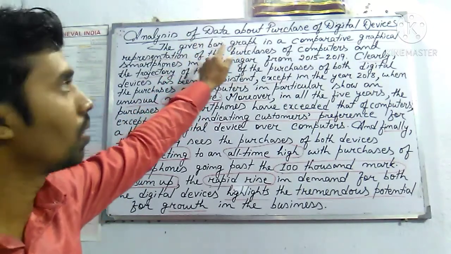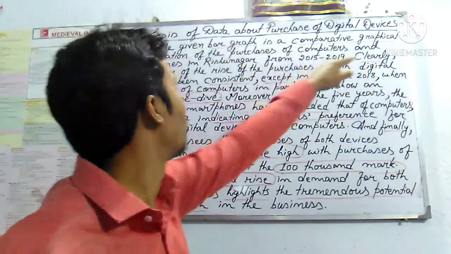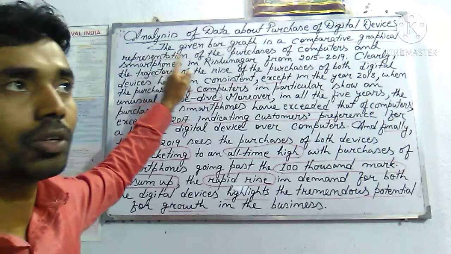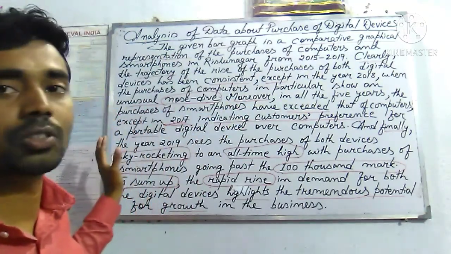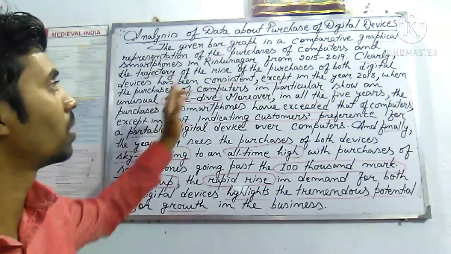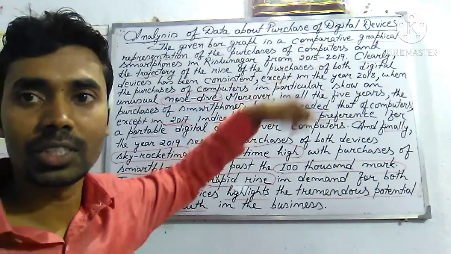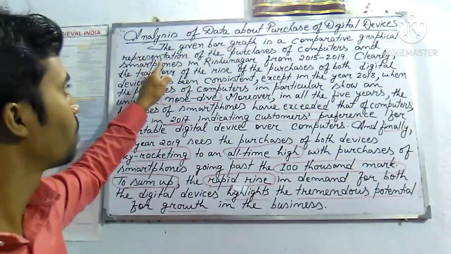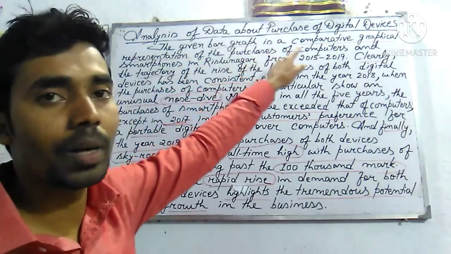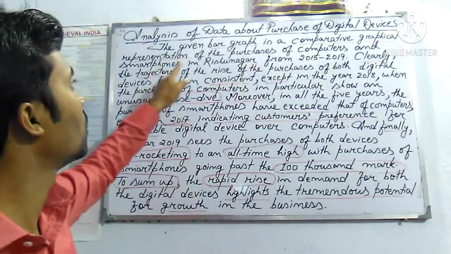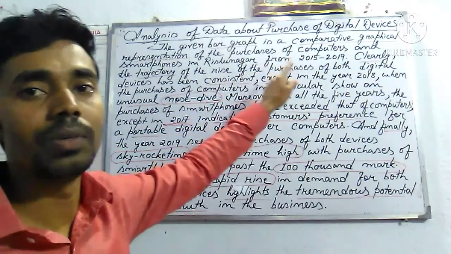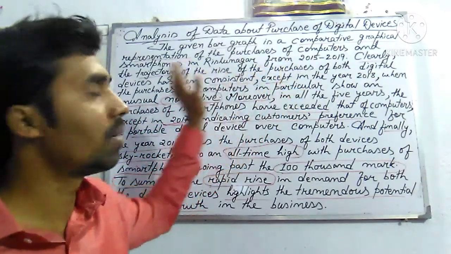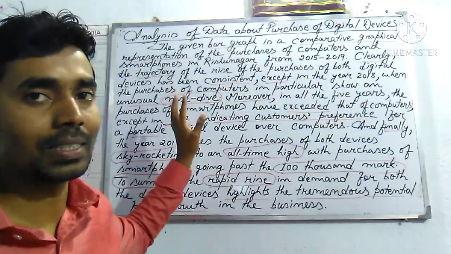The given bar graph is a comparative graphical representation because it compares the purchases of smartphones and computers, in Rishinagar from 2015 to 2019. That becomes our opening sentence.